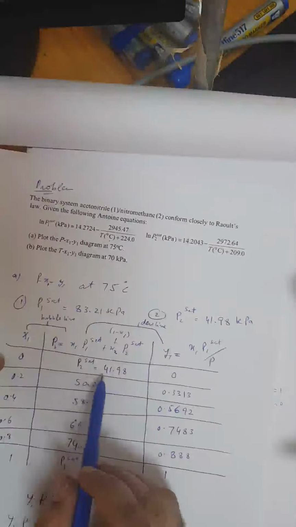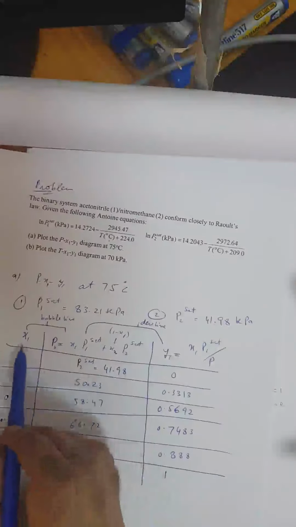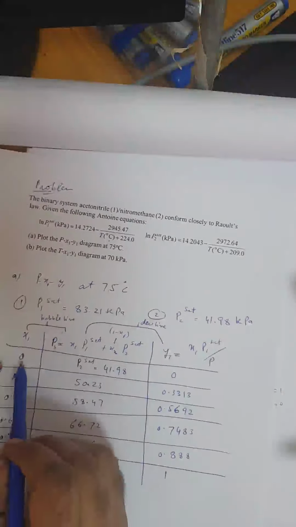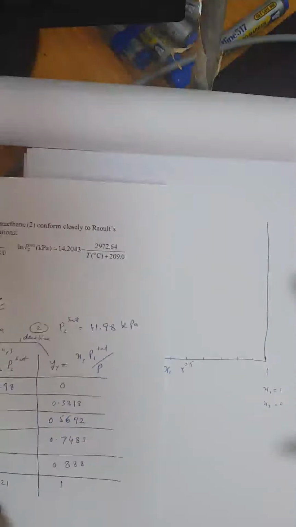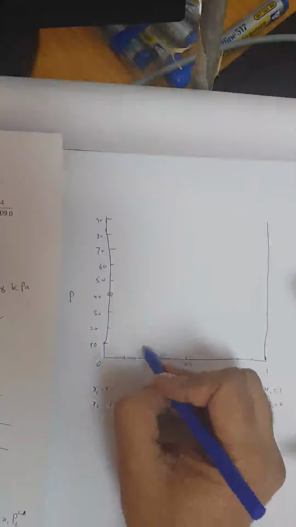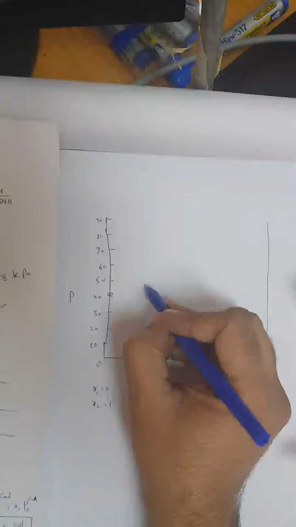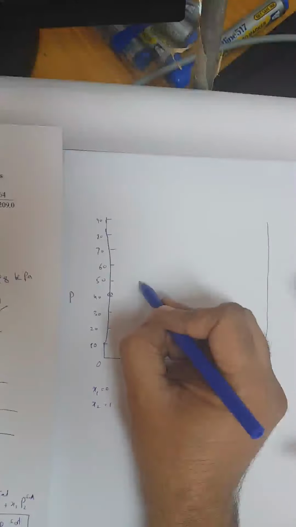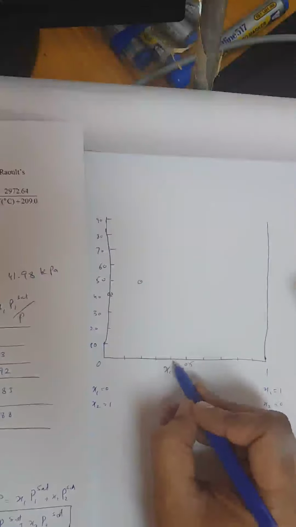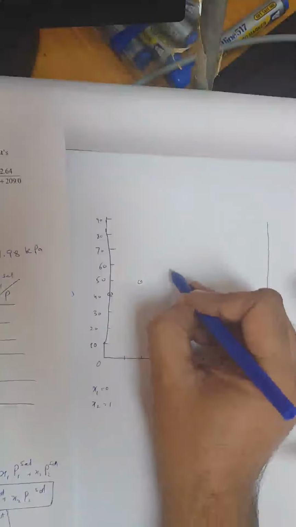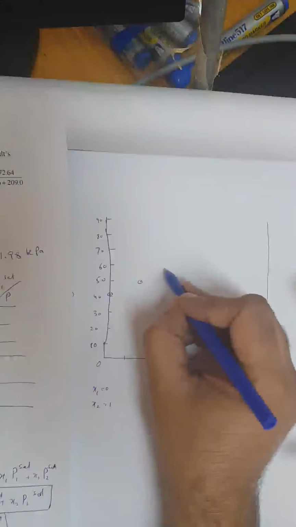At x1 0, P2 is 42. At x1 0.2, the value is 50. So 0.2 and 50. Then 0.4 and 58. So 60.